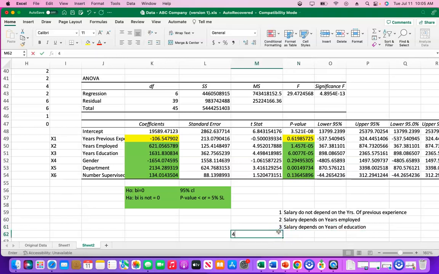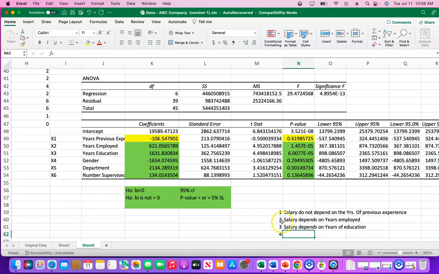Let's go with the fourth one. The fourth one here is gender, and we saw that this probability value is 0.29, and it is greater than 0.05, and therefore we will not be able to reject the null hypothesis.